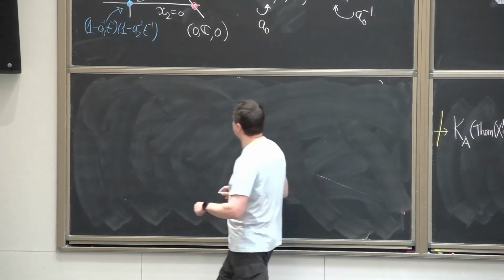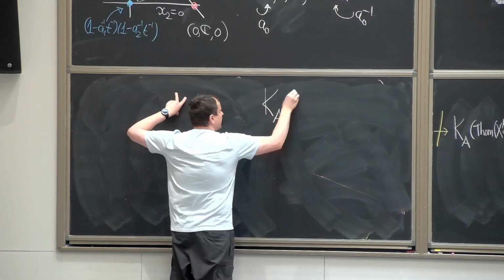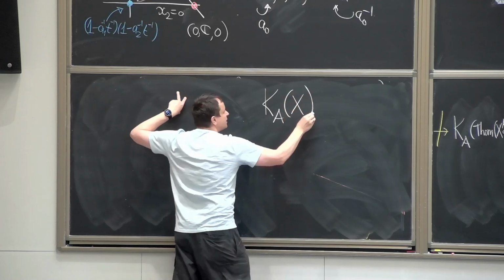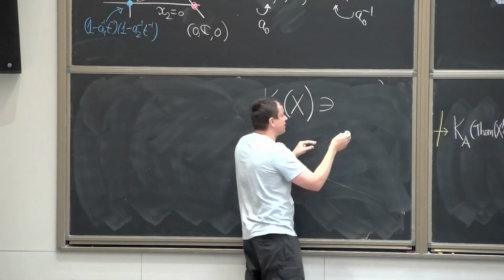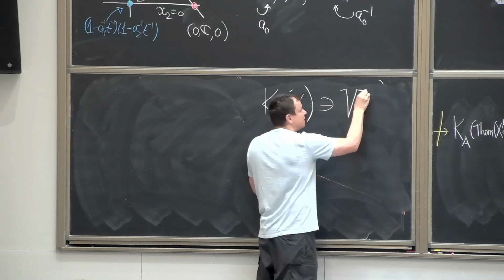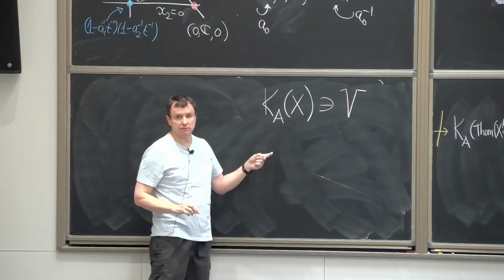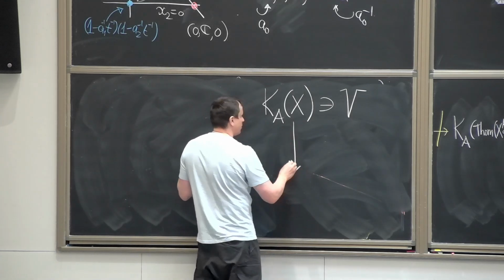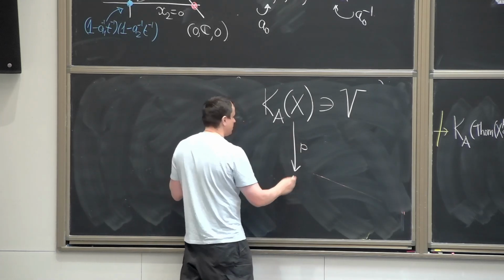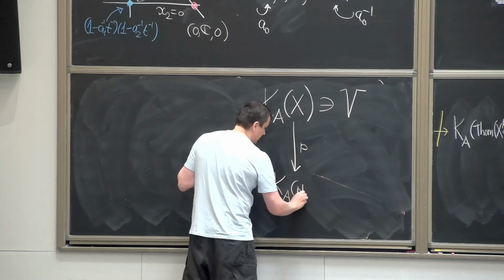Suppose we have the equivariant K theory of X, and suppose in here we have some element, say a vector bundle on X. Suppose we want to compute the push forward to the point, which is this map.